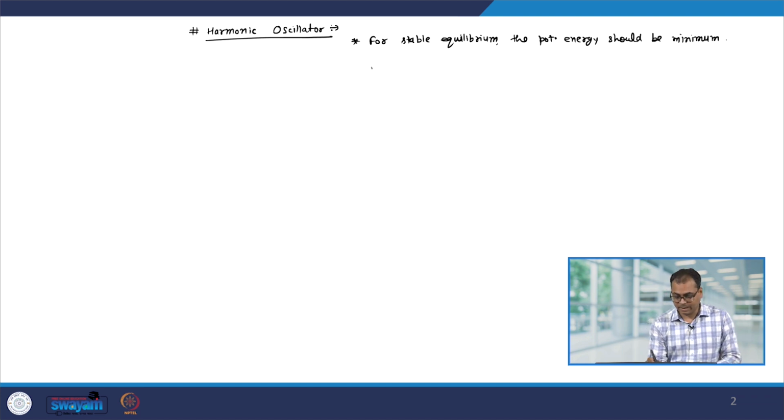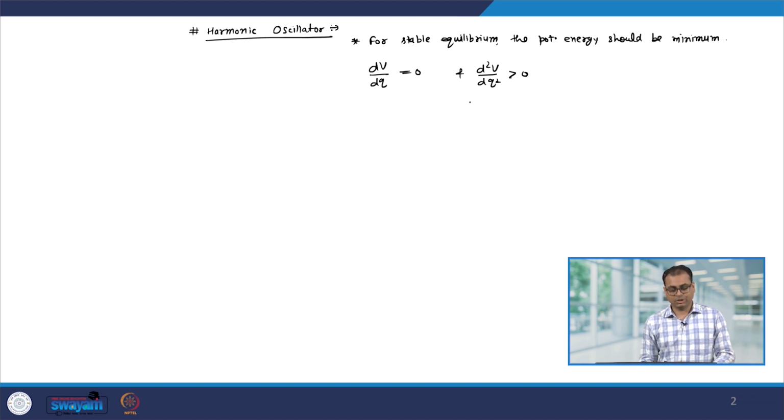Okay, this implies that if V is the potential energy, then dV divided by dq, where q is the coordinate, should be equal to 0 and d2V over dq square should be larger than 0.